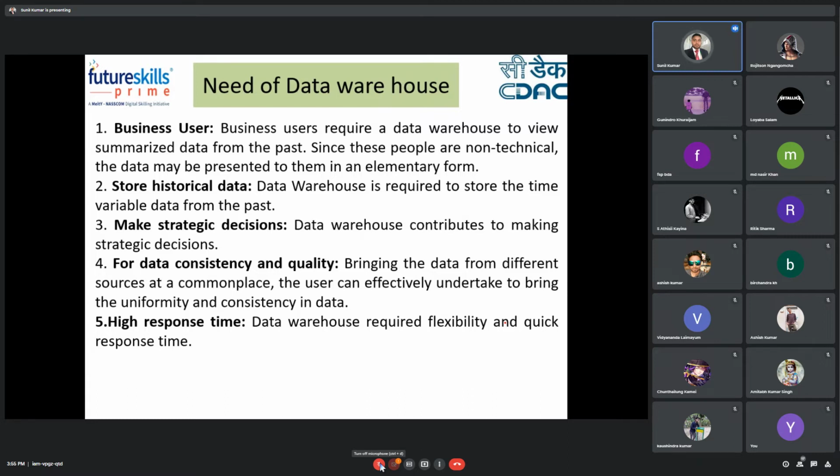So you can analyze what the reason is for sales going down, whether the rate of the product is high in the market, whether the functionality of the product is not good, whether support from the company is not good, whether availability of the product is not good, or maybe the maintenance of the product is not good. All these factors can be found out after analytics, but it should be performed on the historical data.